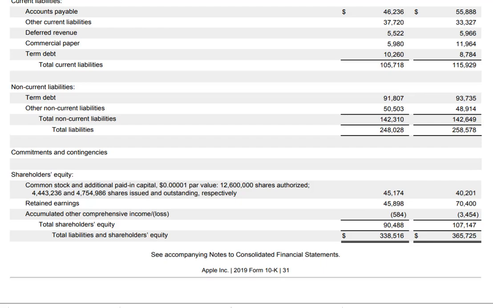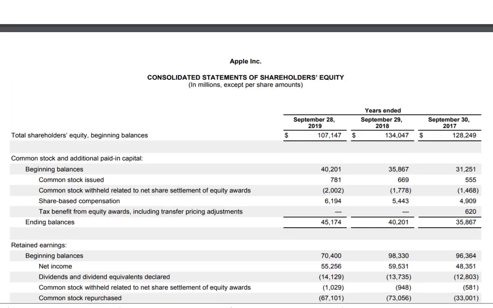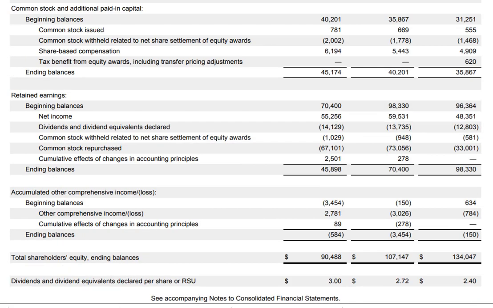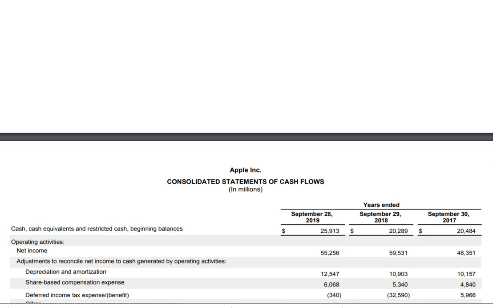We would also see those dividends on the statement of shareholder equity, okay, in the retained earnings column, which is here, dividends declared, okay, or promised to the shareholders, was $14 billion, as we suspected.